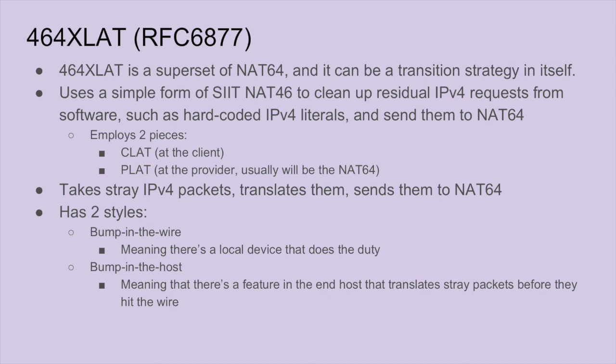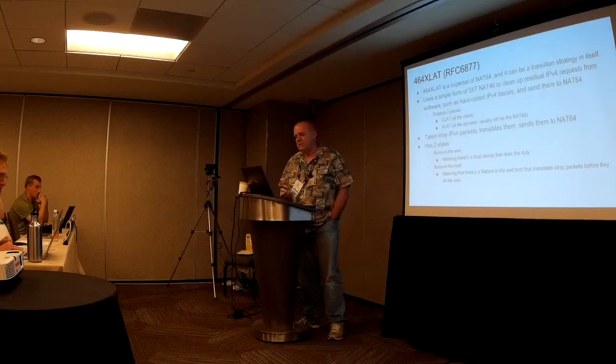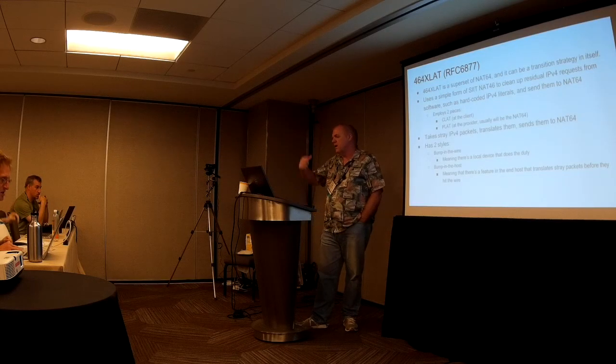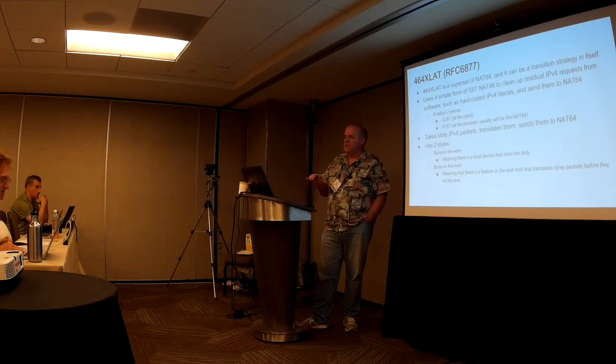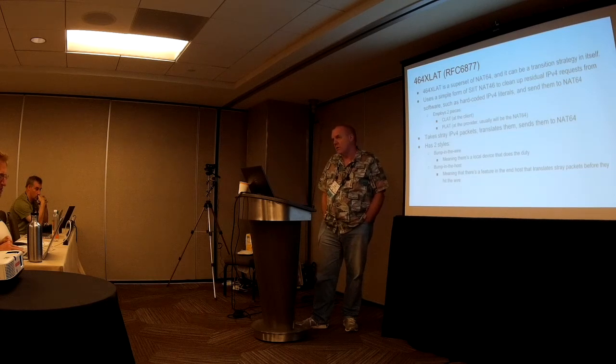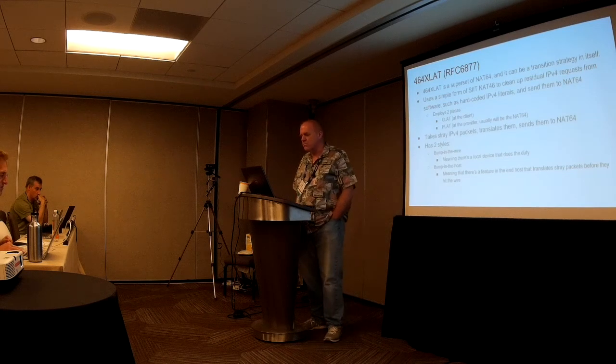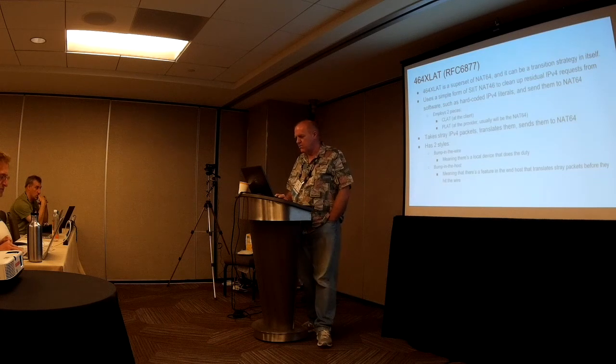But that only occurs when you provide it with a v4 address to get on the wire with. And then there's bump in the host, or bump in the stack, or bump in the browser, and those things are going to use that v4only.arpa lookup to figure out what's going on, and it's going to catch v4 literals before they get out to the interface.